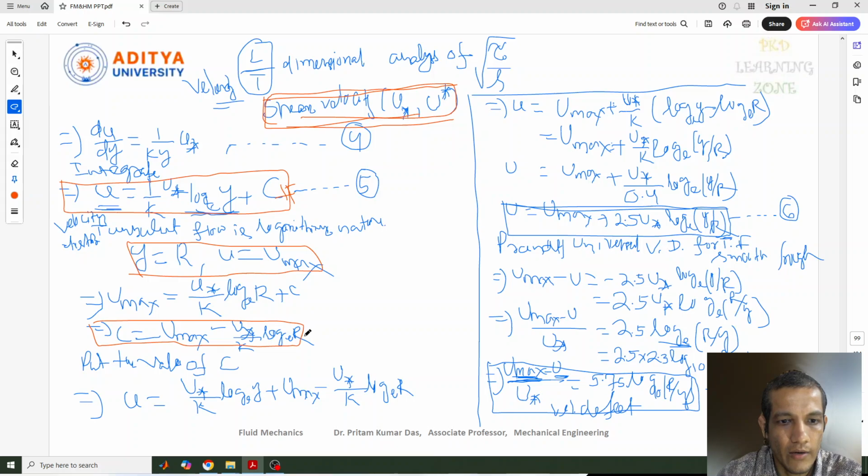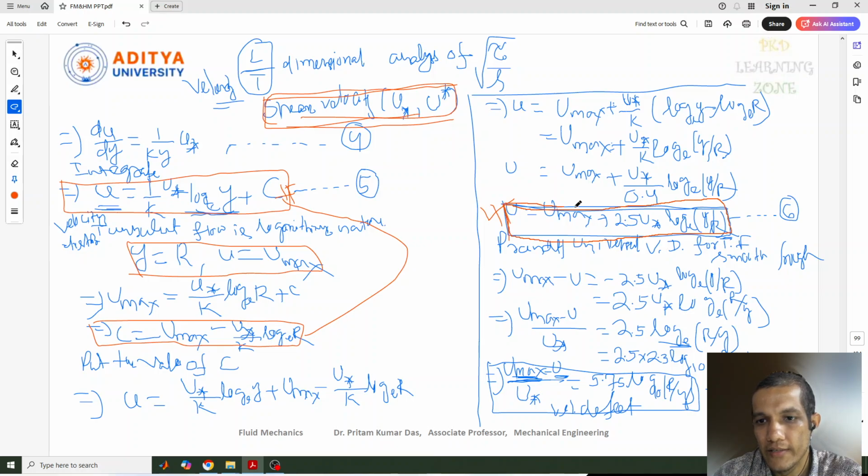Then we put the value in equation 5, and finally we got this equation. This equation is called Prandtl's universal velocity distribution for turbulent flow, and it is applicable for both smooth and rough pipes.